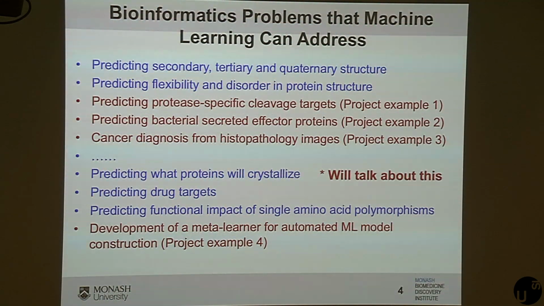There are a number of questions that can be better addressed nowadays by using data-driven machine learning technologies. This is a list of some exemplar research questions that can be addressed using machine learning technology now.